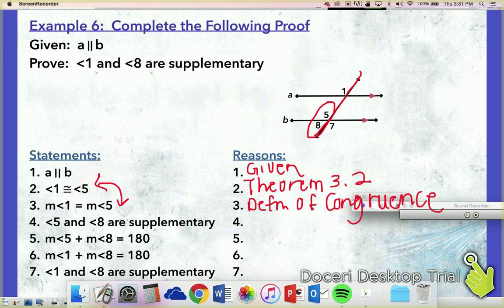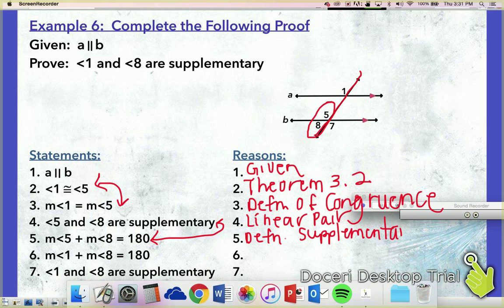So we're going to say linear pair. Now it says they're 180 degrees. Well, we know that. That's what supplementary means. So we'll put definition of supplementary angles.